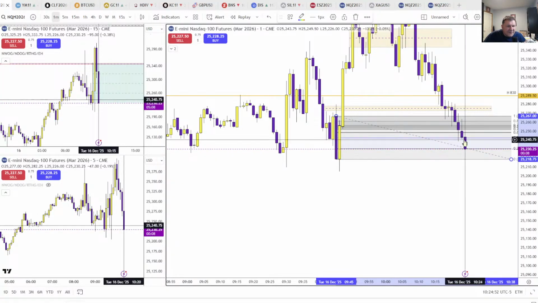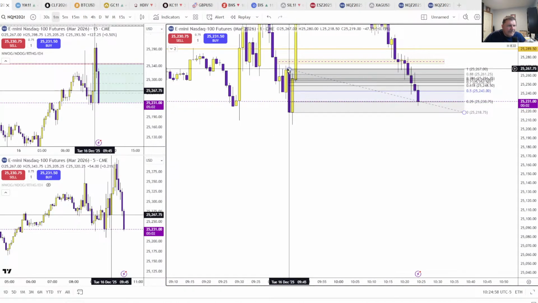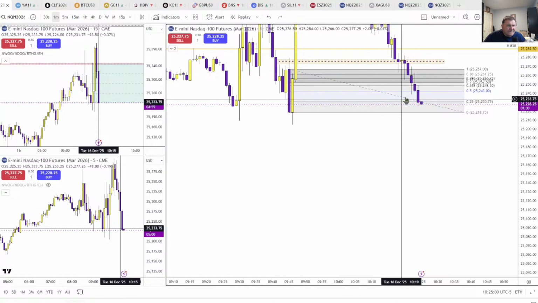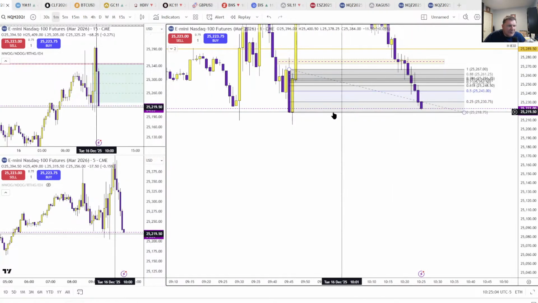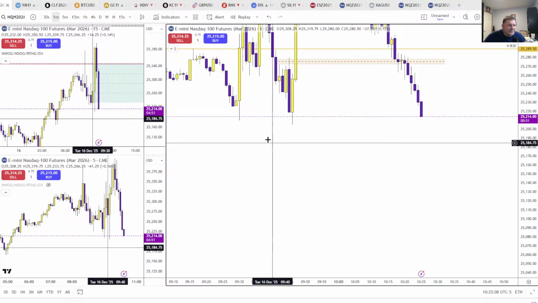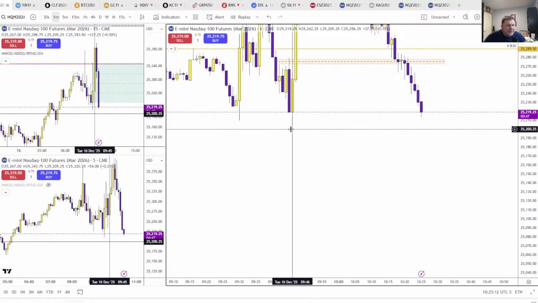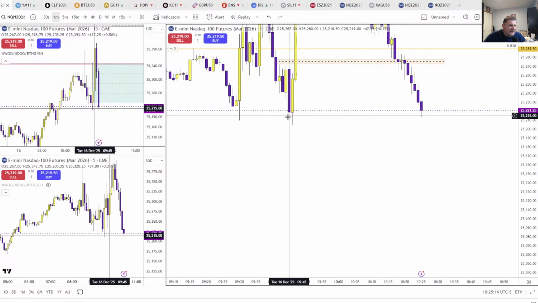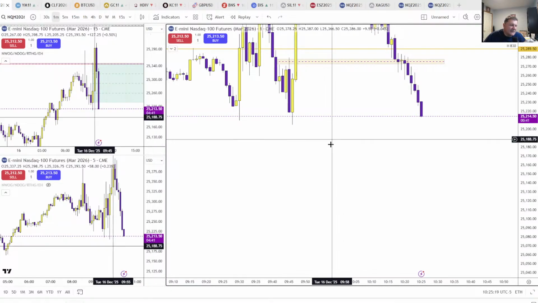See how it froze right on it, opened on it, and then we're going lower. It acts like an inversion. So if we come back and tag it, go lower, look for a rejection. There's the rejection block already. So now what I'm looking for is a retest of this candle. I'm looking for range extension and then a continuation model.